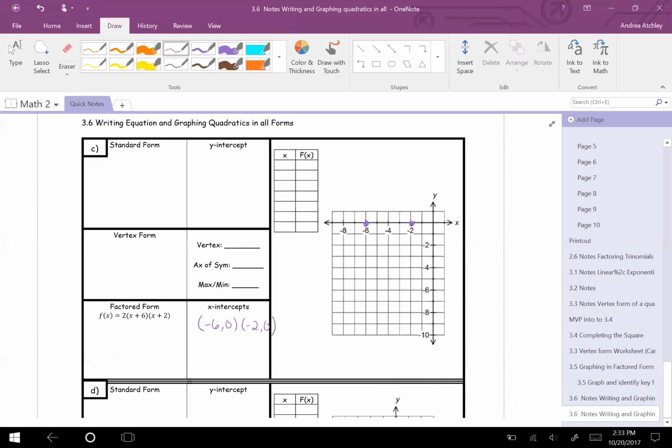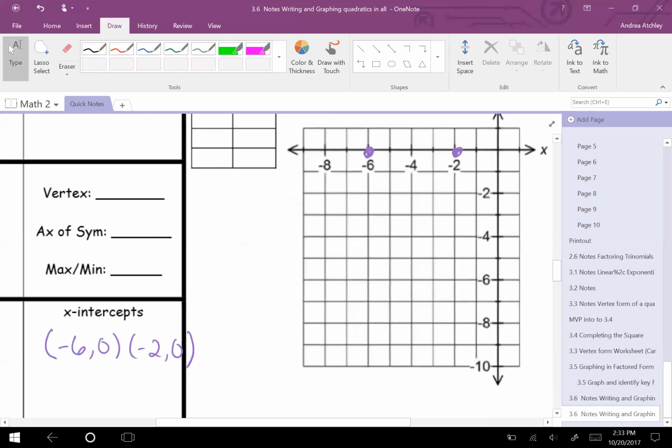Taylor, what can we find now? Okay, and what is it? Four. So it's at -4 here is the axis of symmetry.